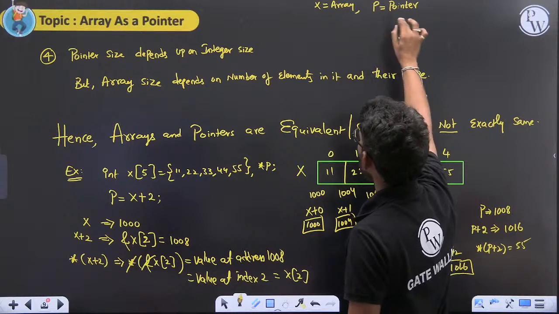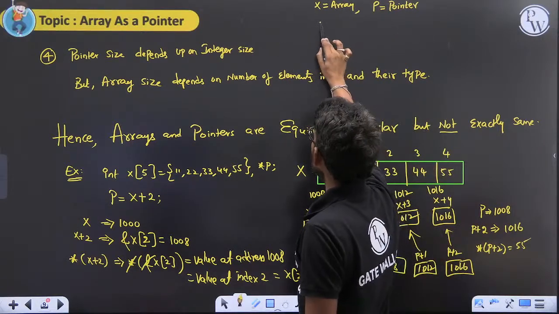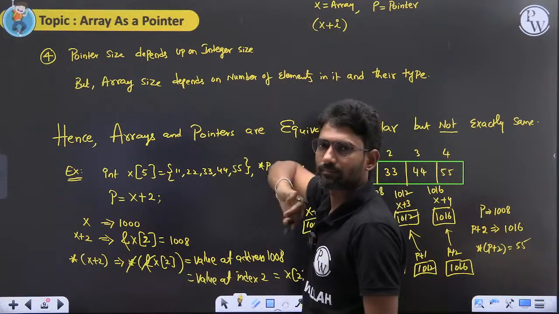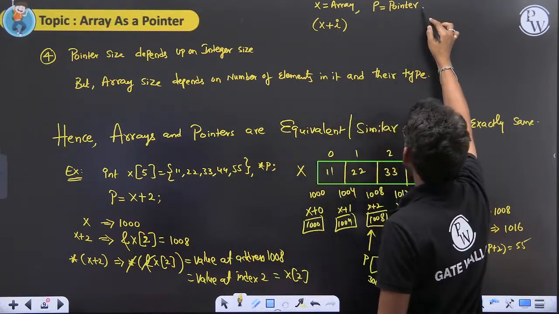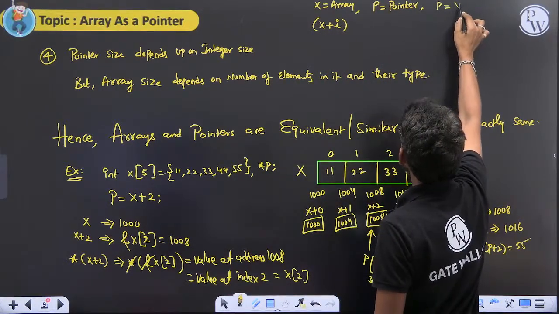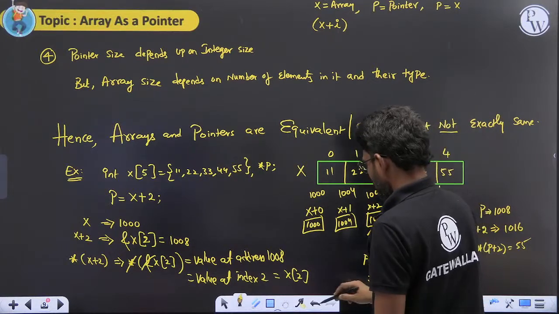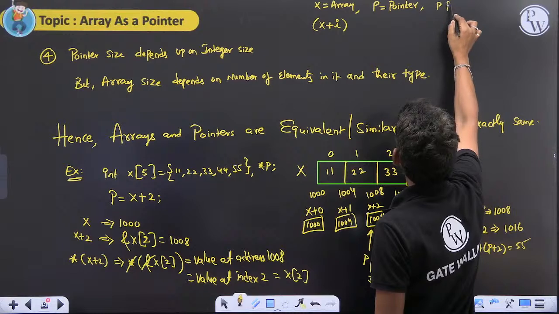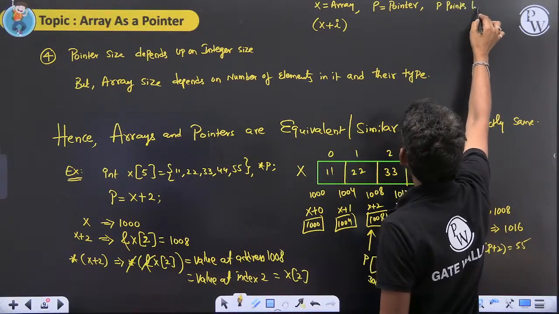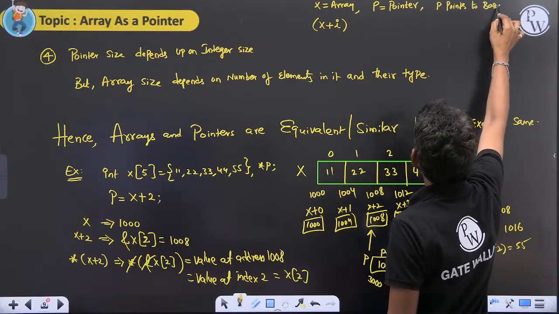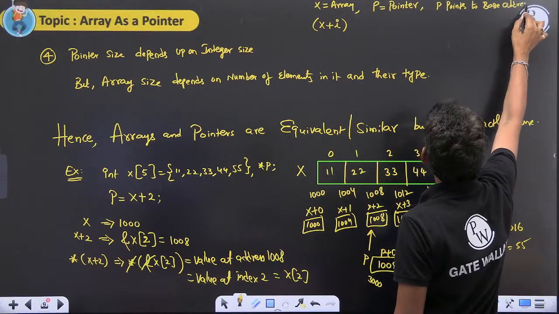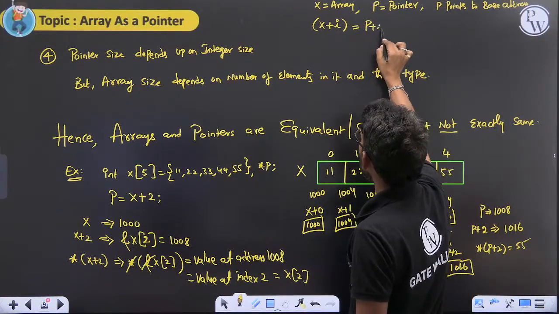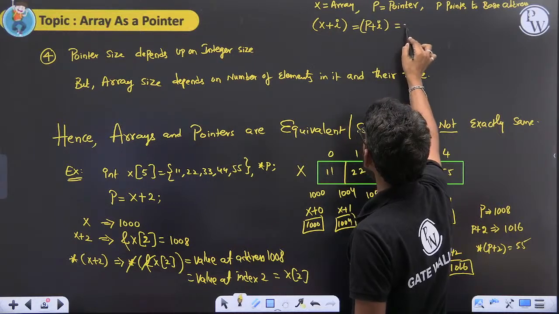So let X be an array, P be a pointer, and let P be pointing to X. If P points to the base address, X plus I or P plus I will give you what?